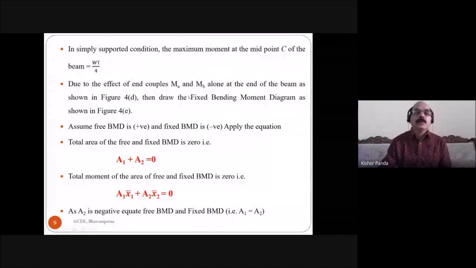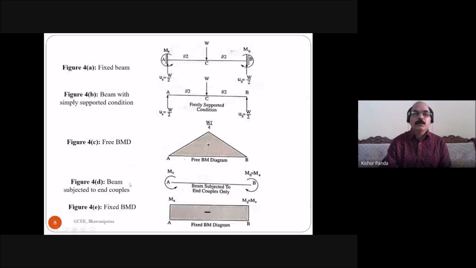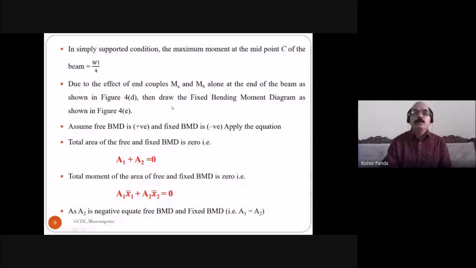I already explained that in simply supported condition, the maximum moment at the midpoint C of the beam is equal to WL by 4. Then due to the end couples MA and MB alone at the ends of the beam, as shown in figure 4D, this one is 4D, and this is 4E. 4D is the fixed BMD. Then draw the fixed bending moment diagram as shown in figure 4E.